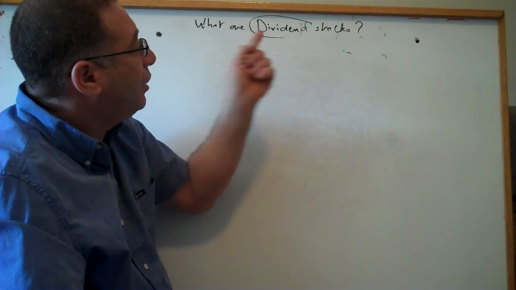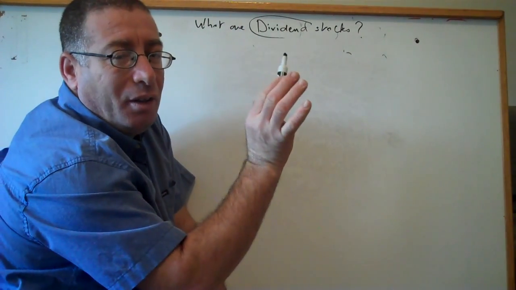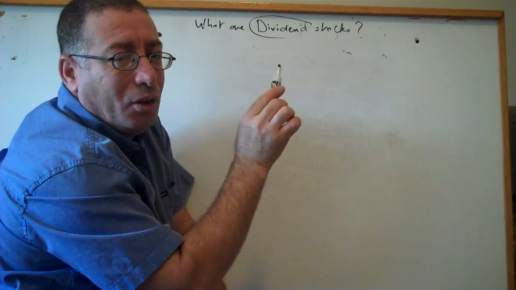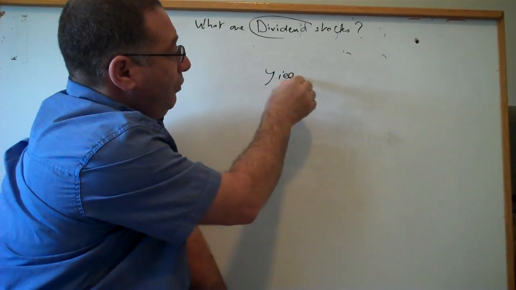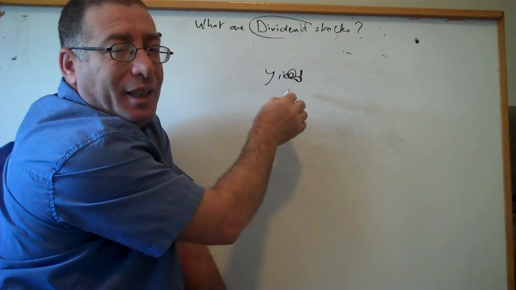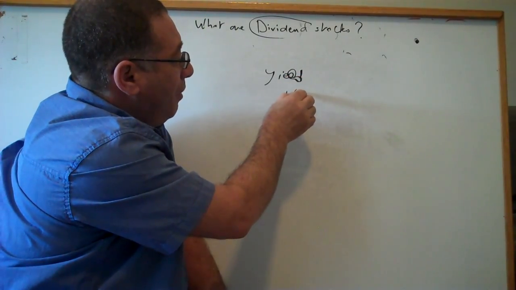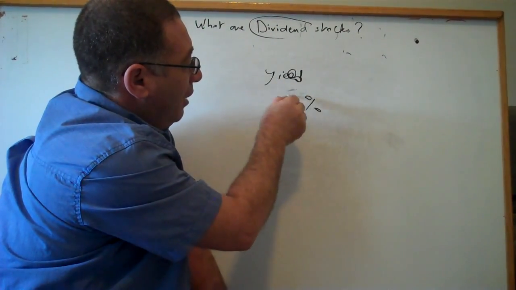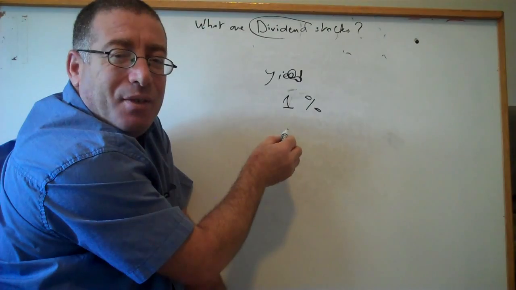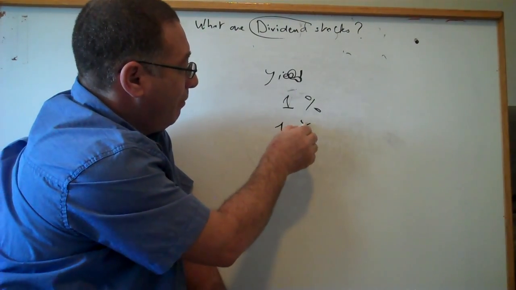Now, some dividend stocks give little yield. We say the yield is just a percentage. Some give 1%. Some give more, up to 10%.